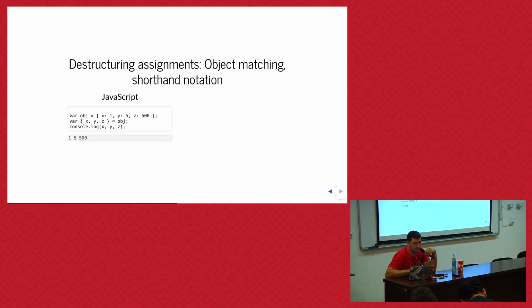So we possibly can have something similar in Perl, but we don't quite need it. Here you basically can take a JavaScript object and assign it to a set of variables, and these variables will get the corresponding values of the object's fields.